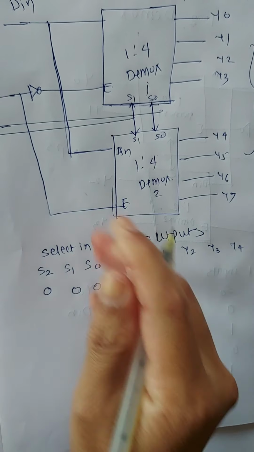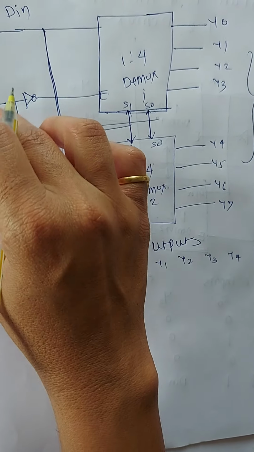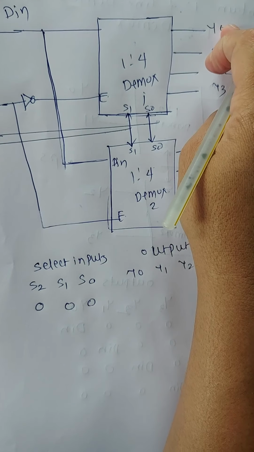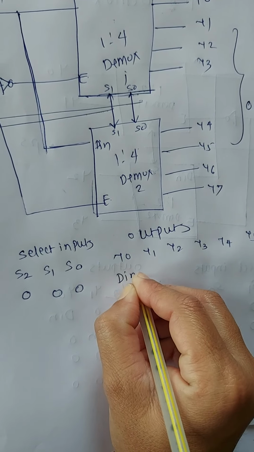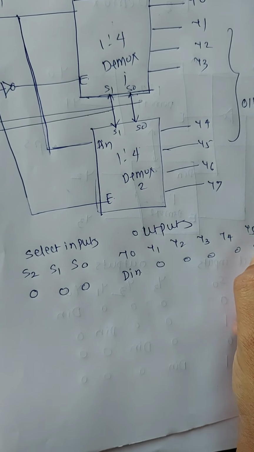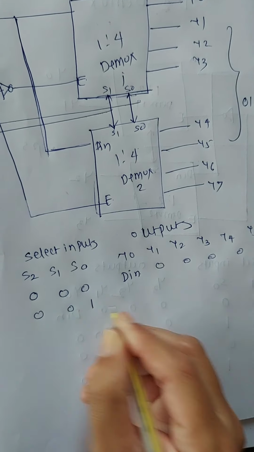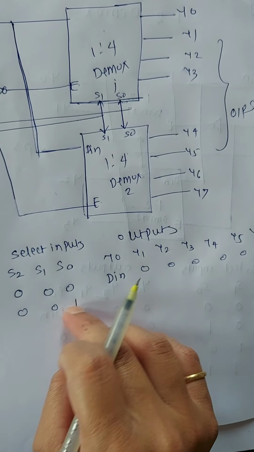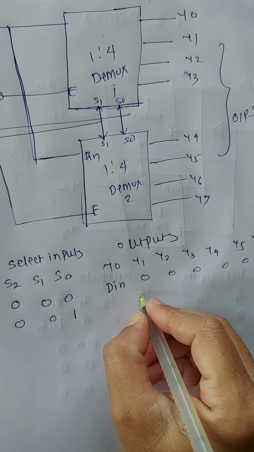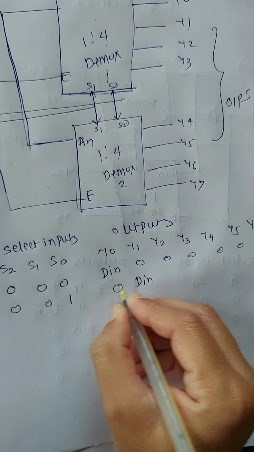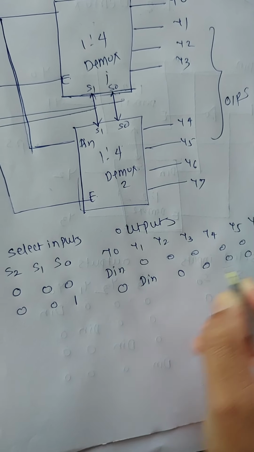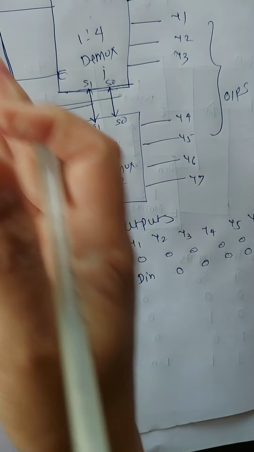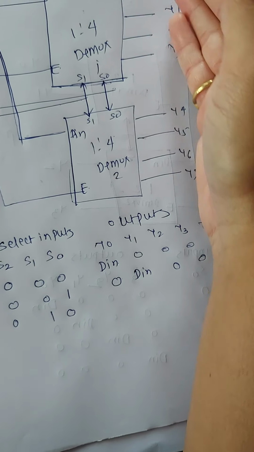When the select lines are 0, 0, 0, D in data distributes to Y0, so the Y0 output is selected, otherwise the outputs are 0. Next, 0, 0, 1 means 1, so D in data distributes to Y1. Up to 7, D in data distributes to Y0 through Y7.